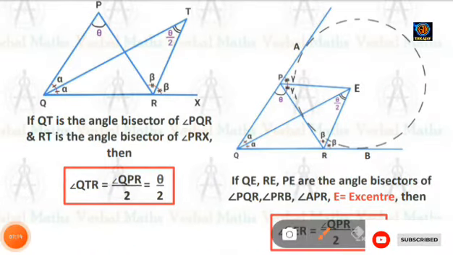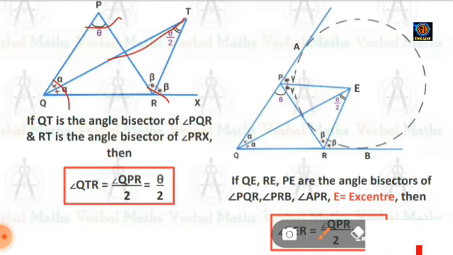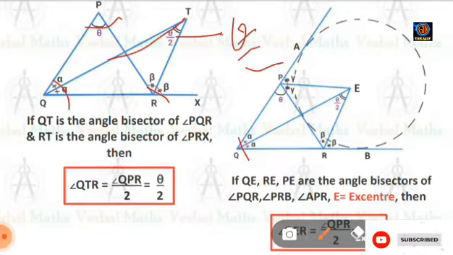Next, which is also important, if the angle bisectors meet here and it is theta, then it will be theta by 2. In the same way, if the angle bisectors are meeting here and it is theta, then it will also be theta by 2.